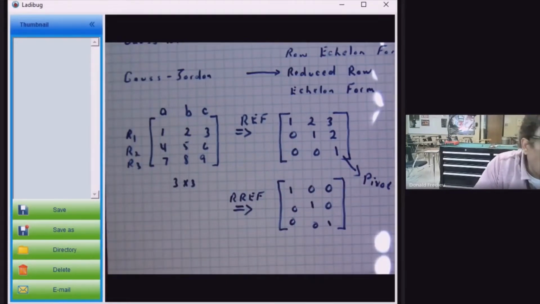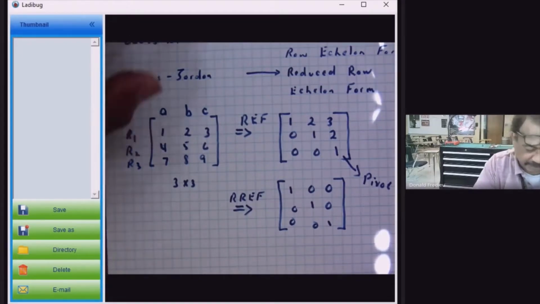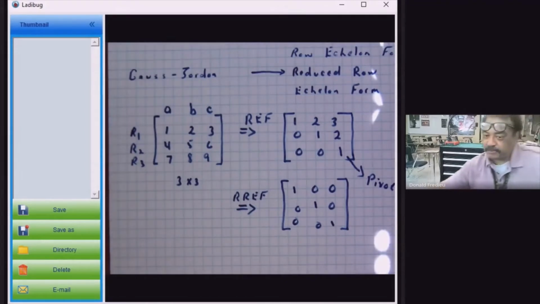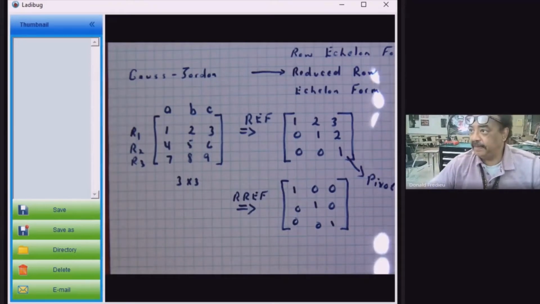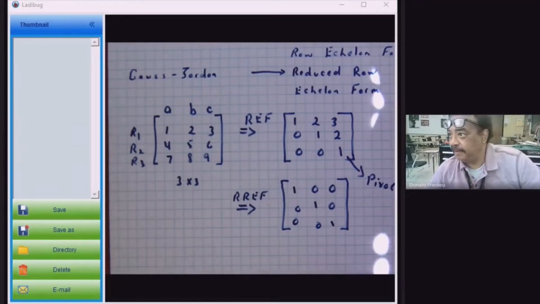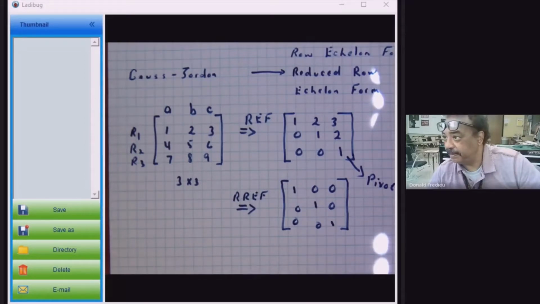Let me zoom out a little bit. And that is not working. So suppose we have a problem like this. Let me pull something up here in Schoology.